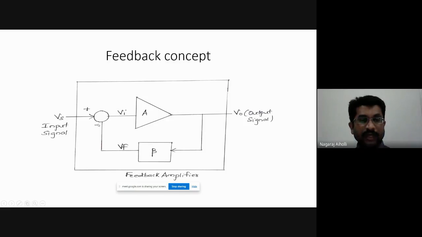If the feedback output is positive, then Vi equals Vs plus Vf. Negative output from the feedback path is for amplifier circuits, and for oscillator circuits the output from the feedback path will be plus. Negative means Vs and Vf are out of phase with each other; if Vf is plus, then Vs and Vf are in phase with each other.